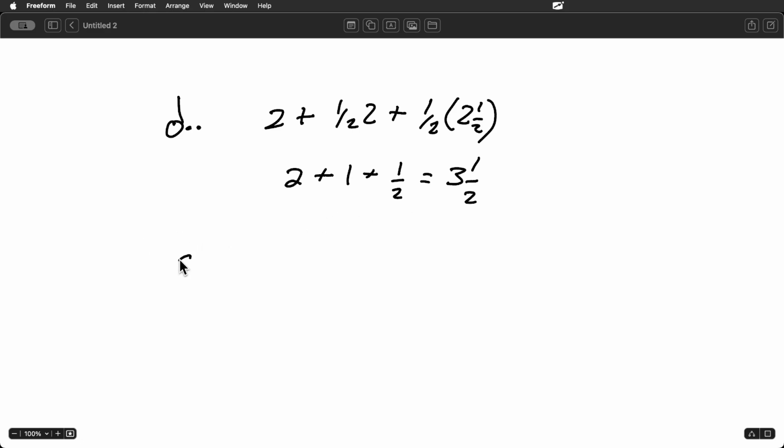Let's do one more, just because it's really fun to do all this math. Let's do a double dotted whole note. You're going to have the base note value, 4, plus half of 4, plus half of half of 4.